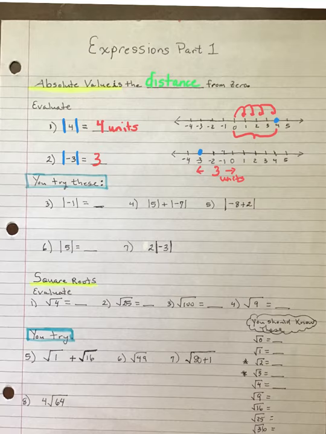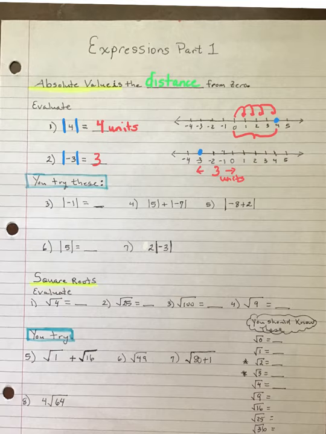If I put 3 feet of dirt above the ground, we would say +3. But with absolute value, we don't care whether we're above or below the ground. We just want to know how far from 0 it is. So it's just 3. Why don't you pause the tape and see if you can do 3, 4, 5, 6, 7, and I'll come back and show you what we get.